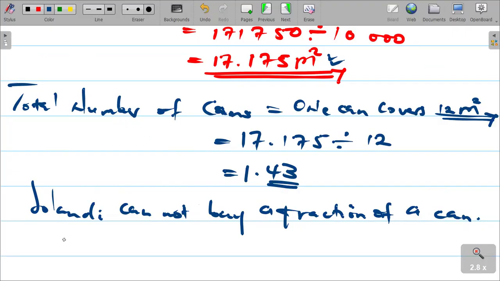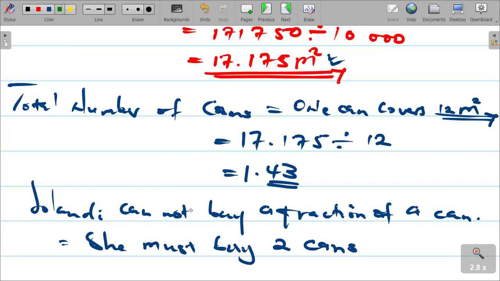So she must buy 2 cans in order to cover the 0.43 we are having here.